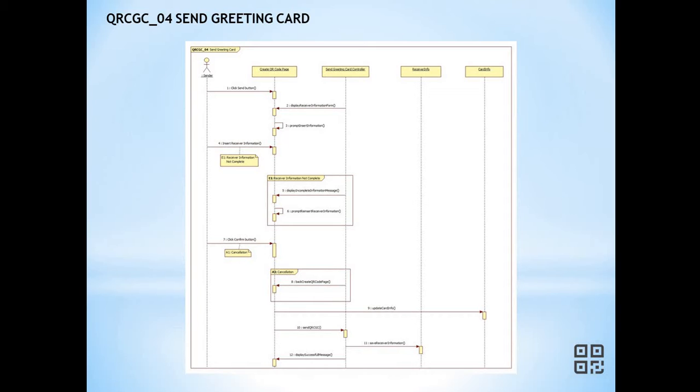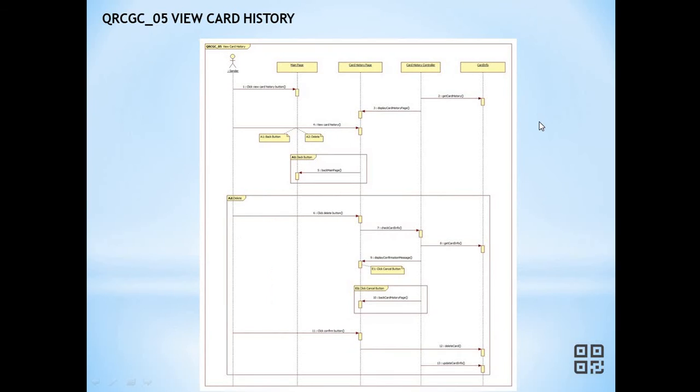It's also mandatory because it's really important in order to send the greeting QR code. So the system will send the QR code through the email that the sender inserted in the information, and it will be stored in the receiver info, and the card will be stored in the card info.